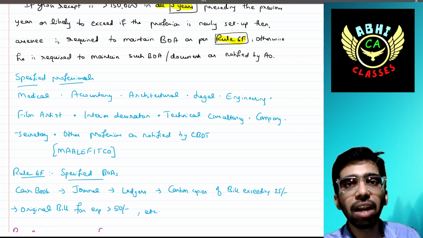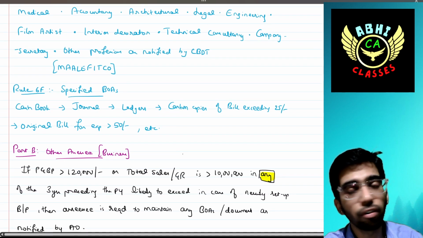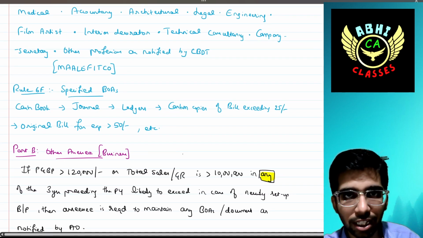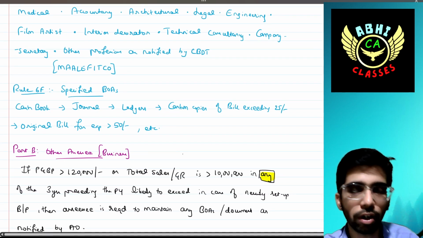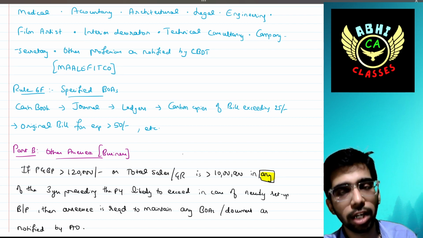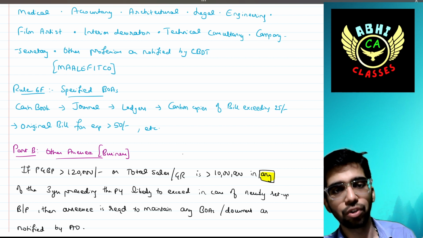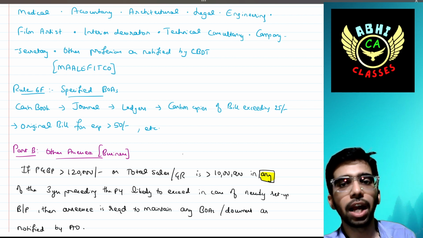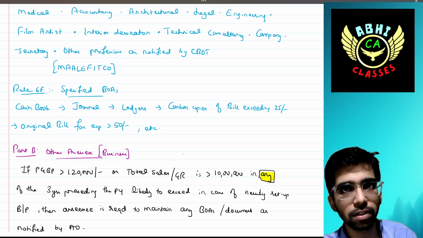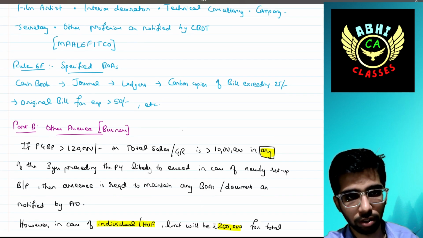In short, MALFITCO. As per Rule 6F, the following books of accounts need to be maintained by the respective profession: cash book, journal, ledger, carbon copies of bills exceeding 25 rupees, or original bills of expenses exceeding 50 rupees, etc.